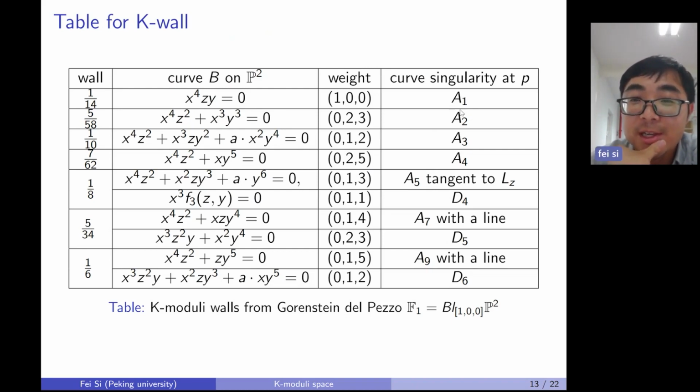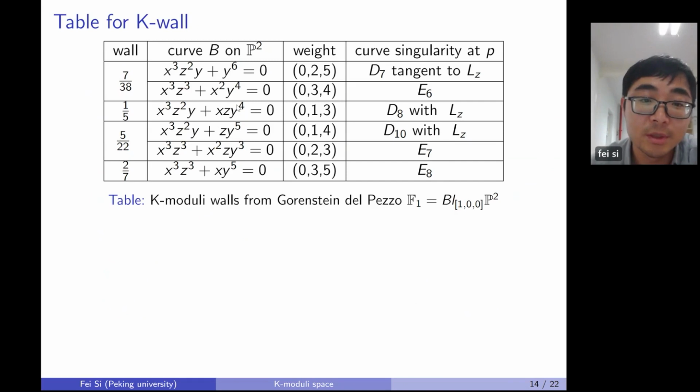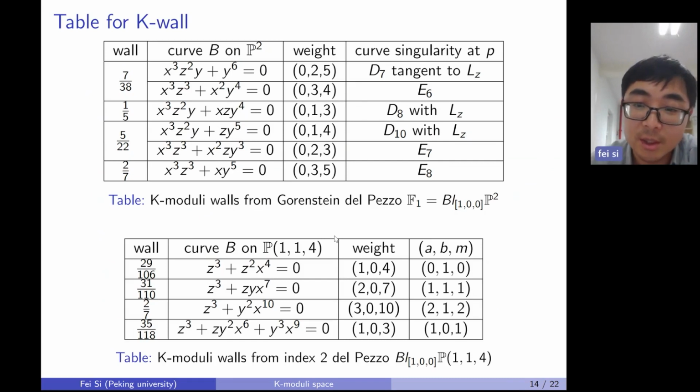Their singularities are described at the blow up point here. And also we get the walls from the hyperunigonal divisors.